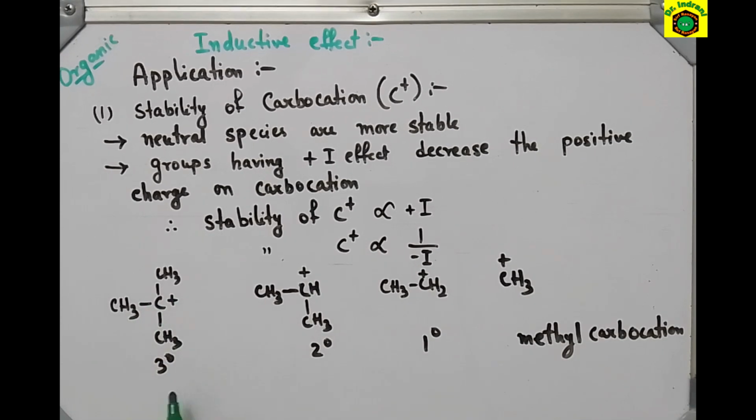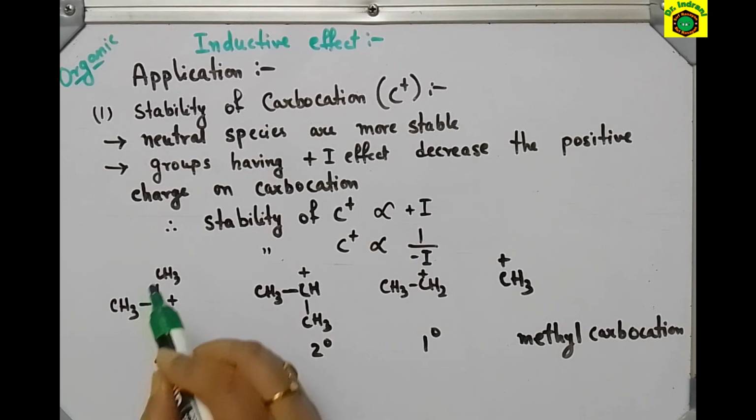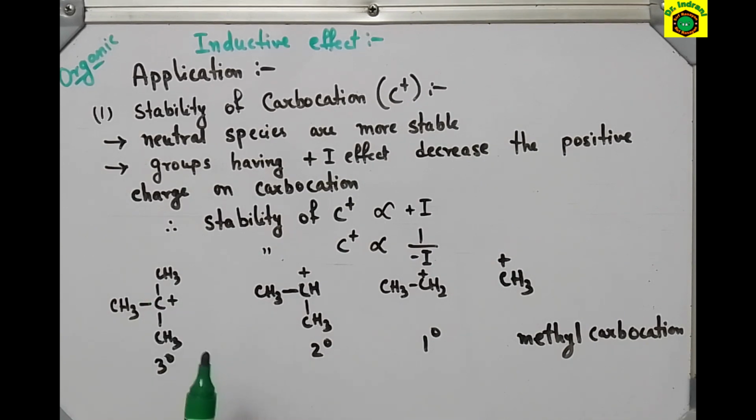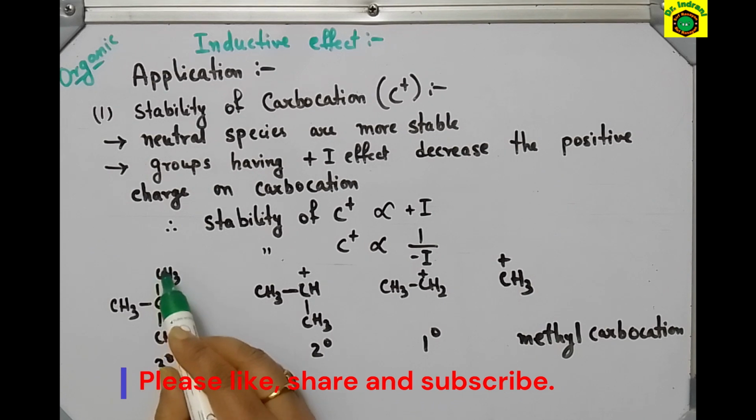So we can say stability of carbocation is inversely proportional to -I effect. Now see, this is tertiary, this is secondary, this is primary and this is methyl carbocation. Methyl groups means alkyl groups are having +I effect, electron releasing effect. So this will reduce the positive charge on carbocation by +I effect.